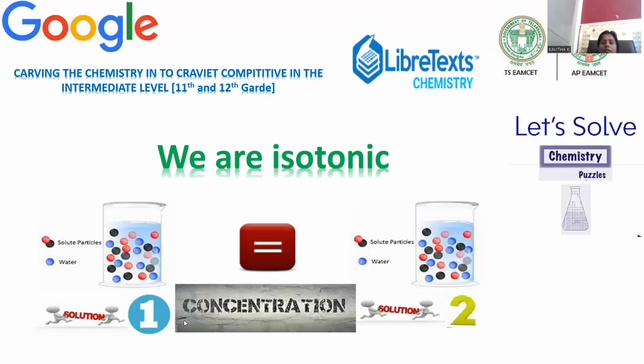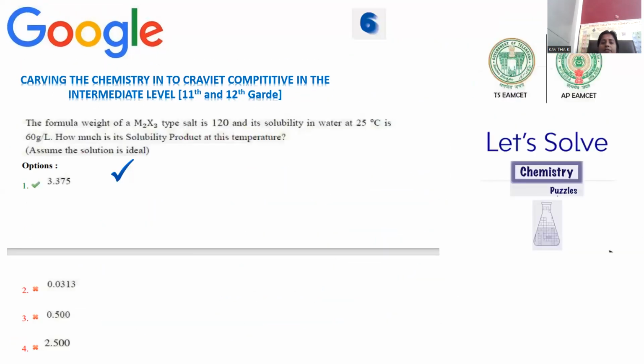Move on to question number 6, the last question of the session. This is also part of the problematic section, and it is a kind of physical chemistry question. The formula weight of M2X3, a kind of salt, is taken as 120.